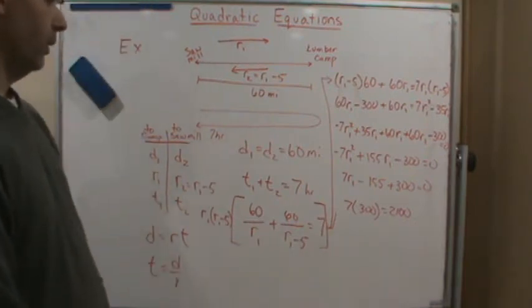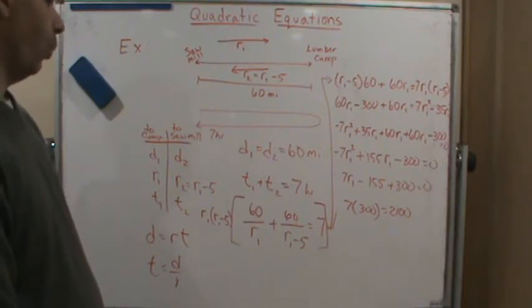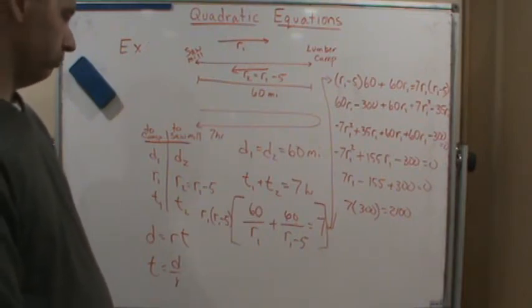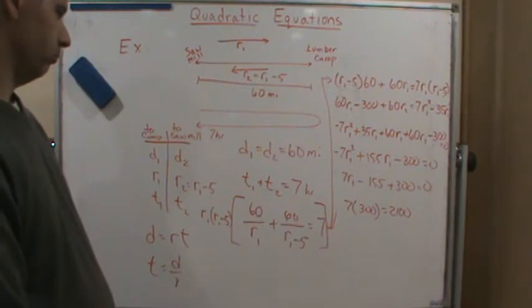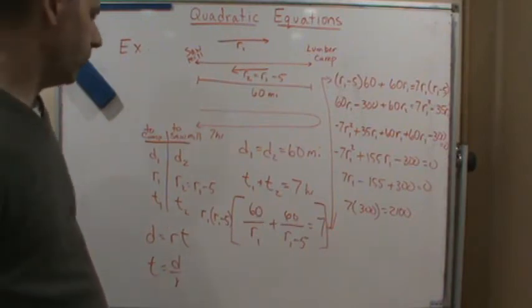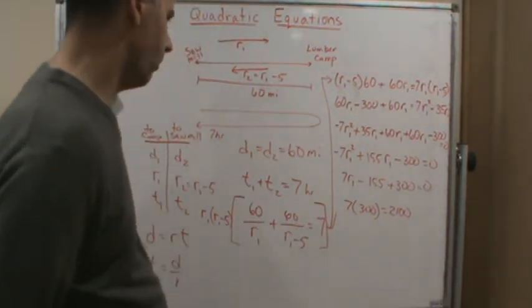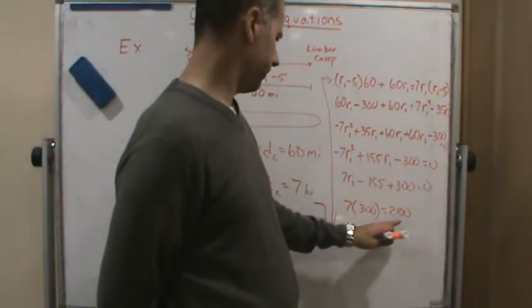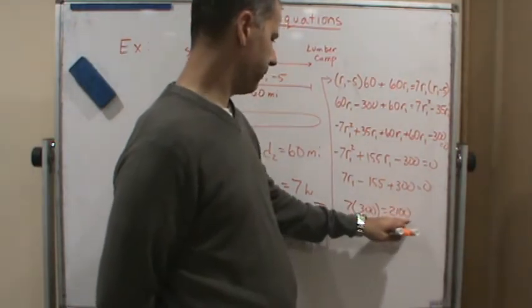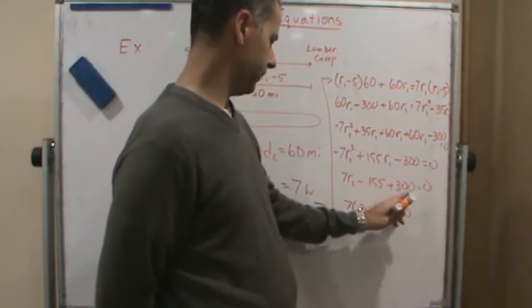Okay, so what will work? Well, 21 and 100 won't work. They both have to be negative because this is negative and this is positive.